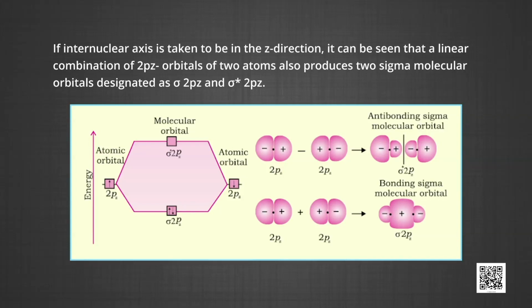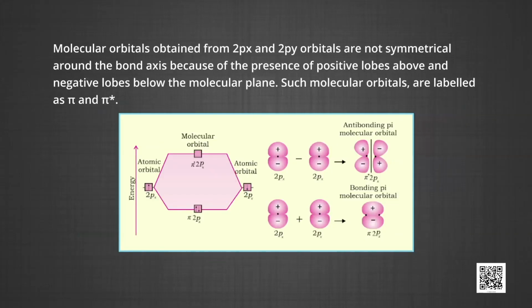designated as sigma 2pz and sigma antibonding 2pz. Molecular orbitals obtained from 2px and 2py orbitals are not symmetrical around the bond axis because of the presence of positive lobes above and the negative lobes below the molecular plane.